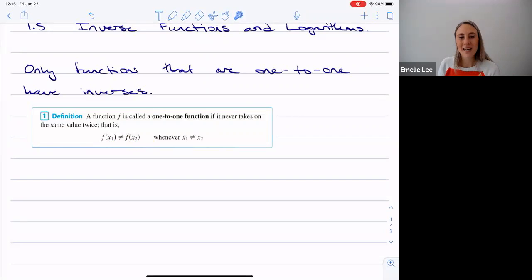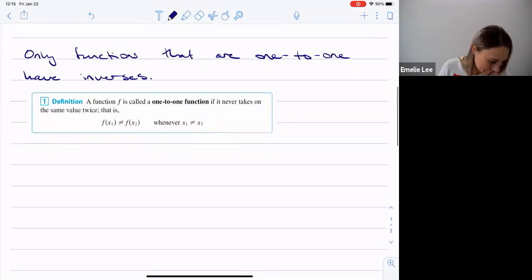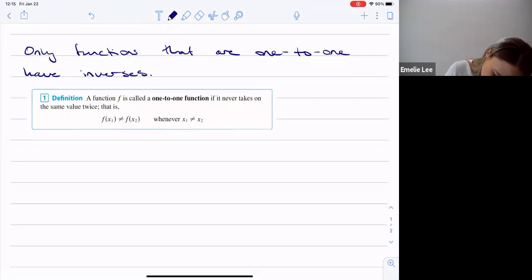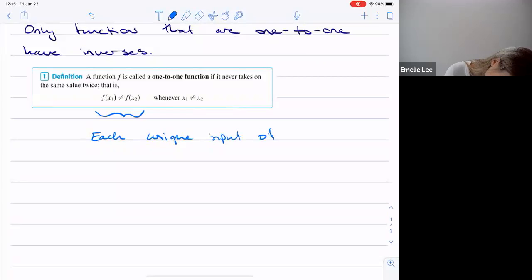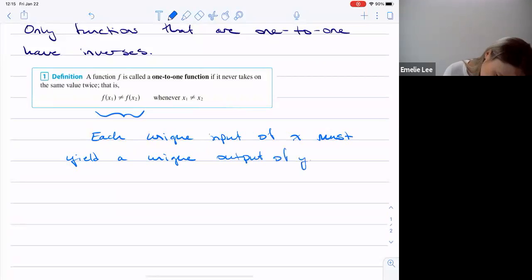So what that means is each unique input of x must yield a unique output of y.